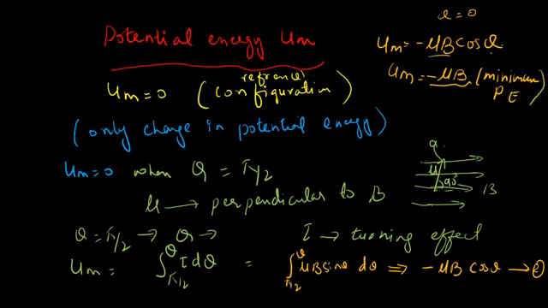That is, the magnetic dipole tends to align itself along the direction of the magnetic field. When it is parallel to the magnetic field, the potential energy will be minimum, equal to minus mu B, because cos of 0 is equal to 1, since theta is 0 when mu and B are parallel to each other.